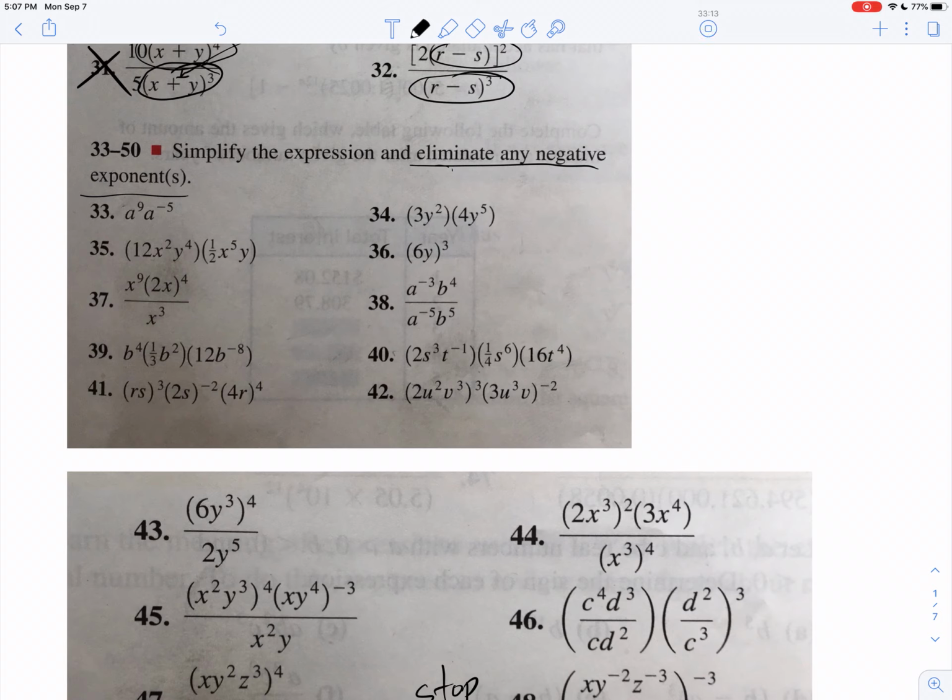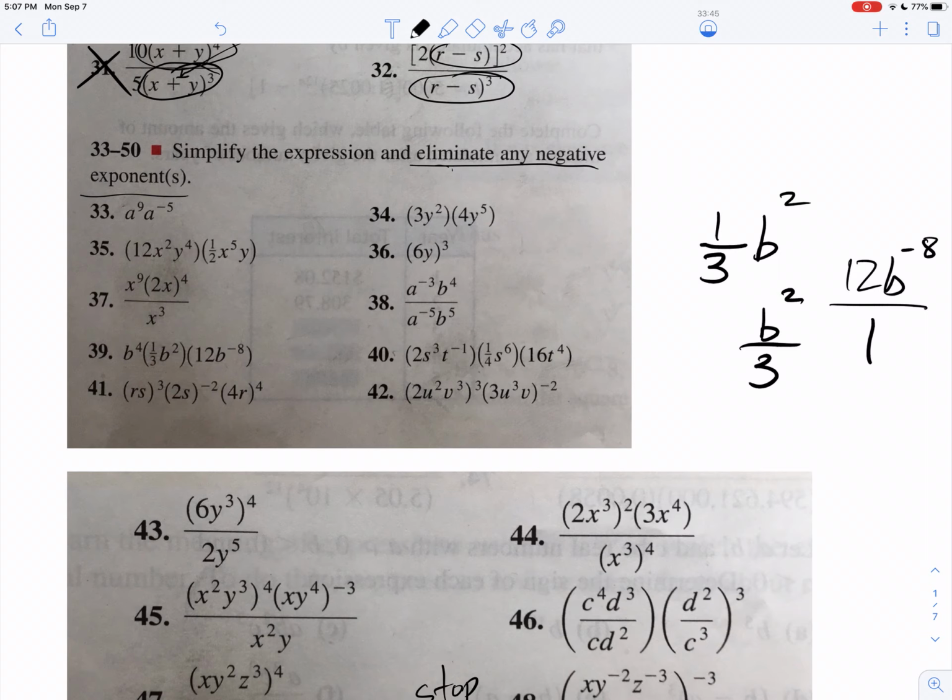But, word to the wise, the ones that I think might trip you up a little bit are 39 and 41. Let me explain. In 39, they have this sneaky thing here. Well, remember, if they don't put that b to the second on the bottom, you could rewrite that like this. Okay? Also, where it says 12b to the negative 8, you can put a 1 there.